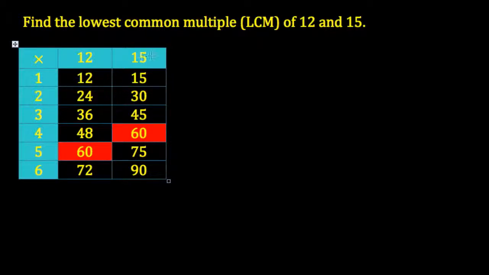When I look down the multiples of 15, in other words, 15 times 1 is 15, 15 times 2 is 30, and so on, we see 15, 30, 45, 60, 75, and 90. And once again, we see this 60 appearing in both tables. So the lowest common multiple in this case is 60.